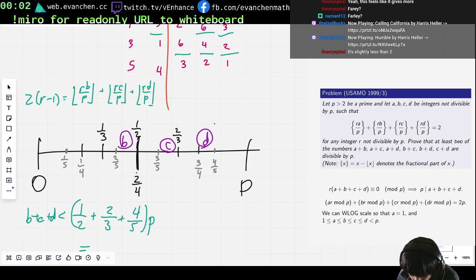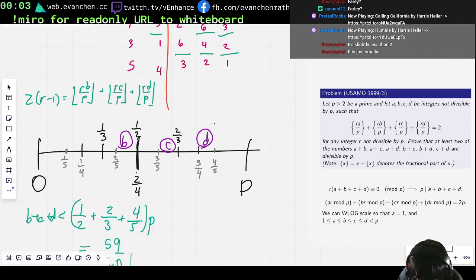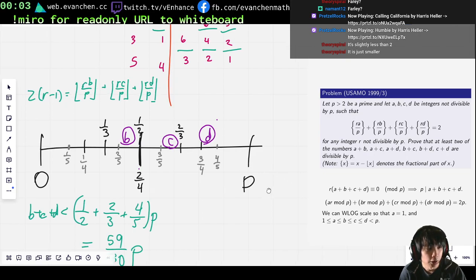No it's not, that's big enough. No it's not, wait. 22/15ths, 44/30ths, 58/30ths. No, what? 22/15ths, 44/30ths, so 59/30. It's slightly smaller than 2, and this will cause problems if P is big enough.